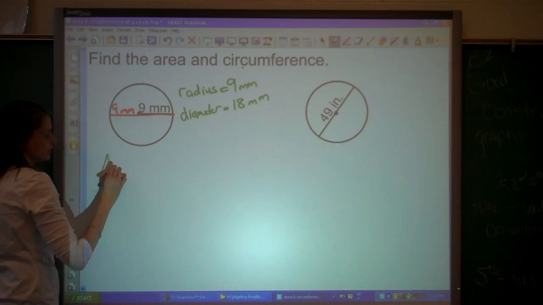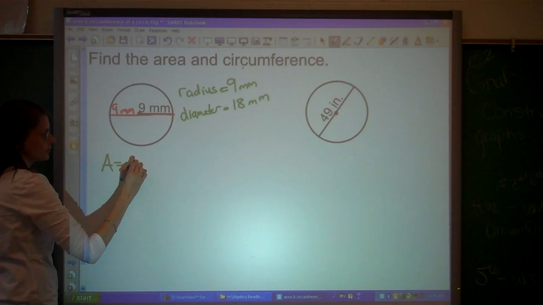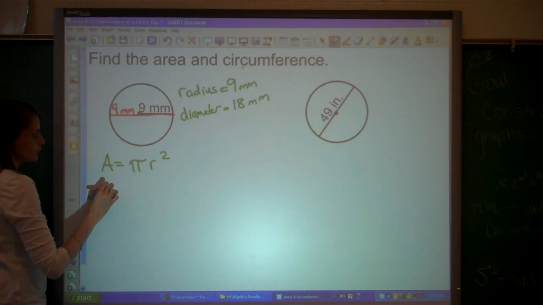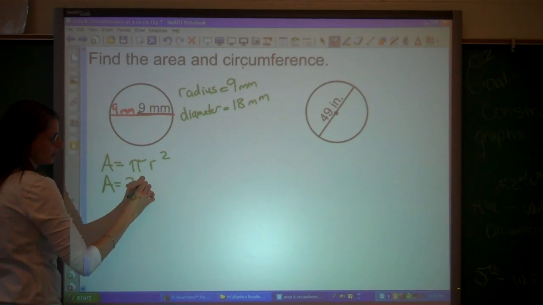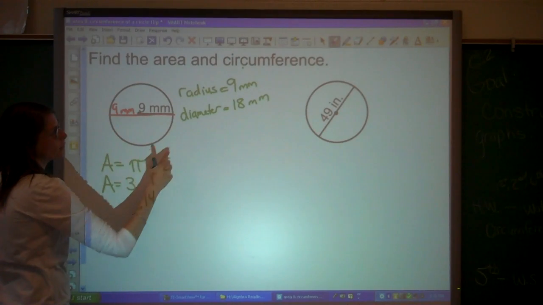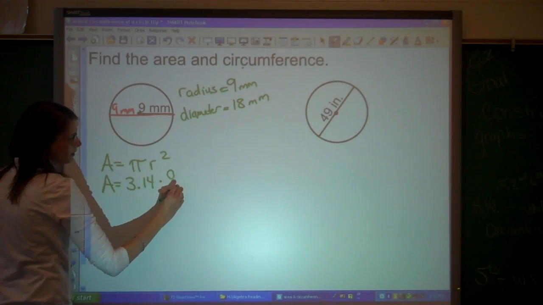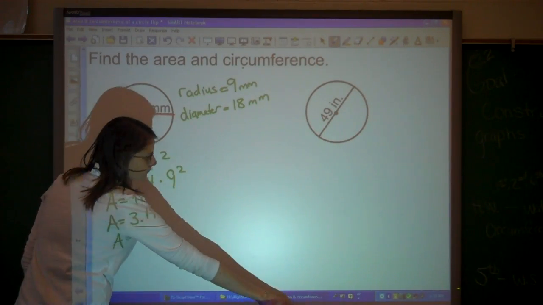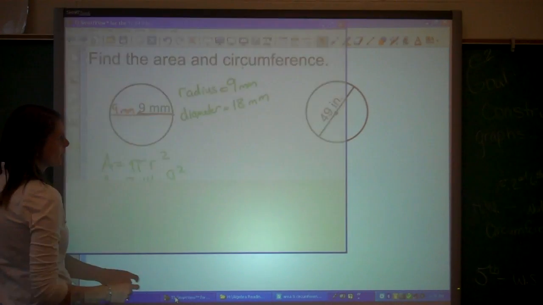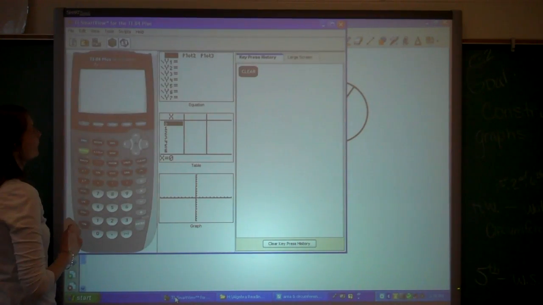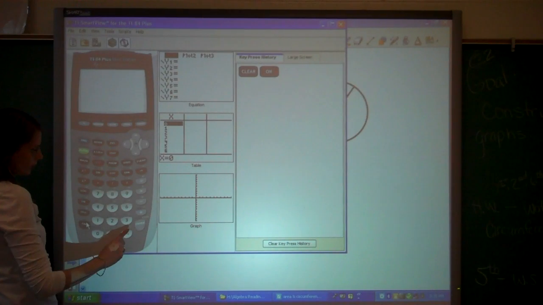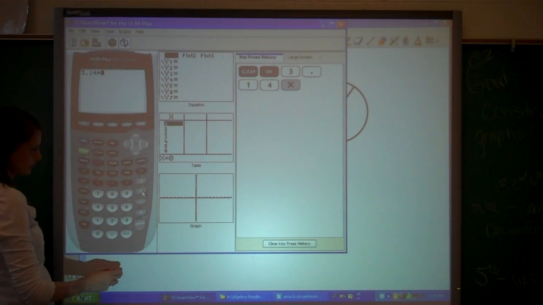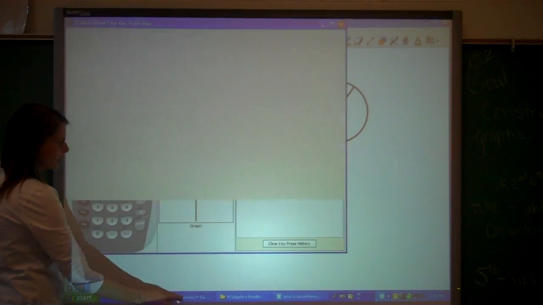So I'm going to start with area first. Area equals, write the formula down first, pi times r squared. And I already told you that pi is 3.14 times radius. The radius is 9 squared. And then I'm going to stick that in my calculator. 3.14 times 9 squared.